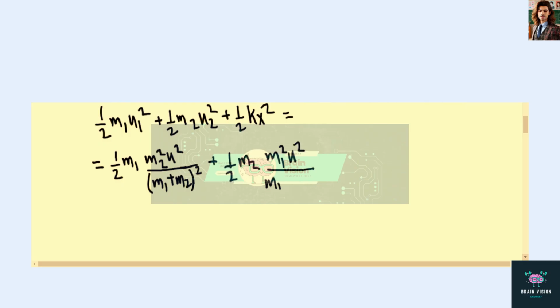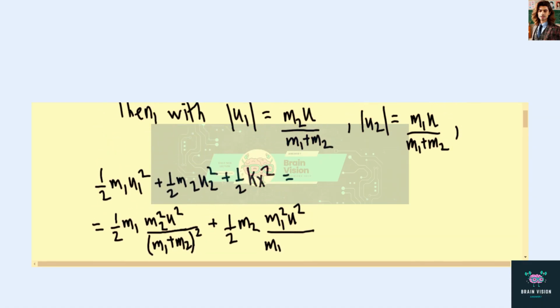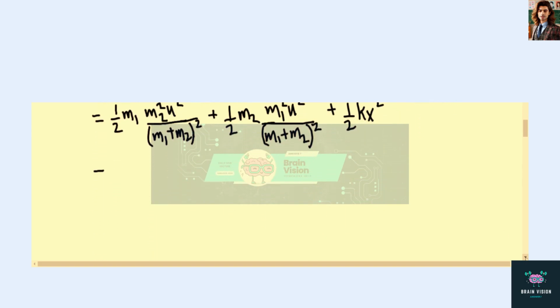In this first step, we substitute the expressions for u1 and u2. What we have is m2 and m1 squared in the numerator, as well as u squared, and then the sum of the masses squared in the denominator. And of course, the potential term is unaffected. It only depends on x squared, and x is the relative position between the two particles.